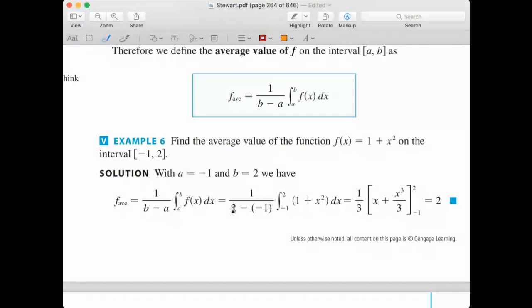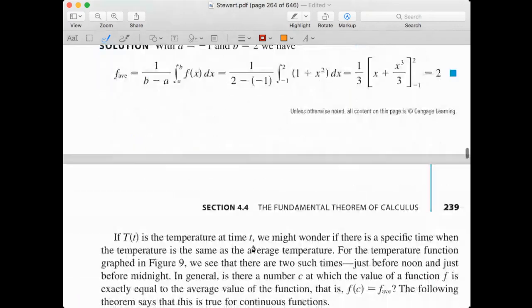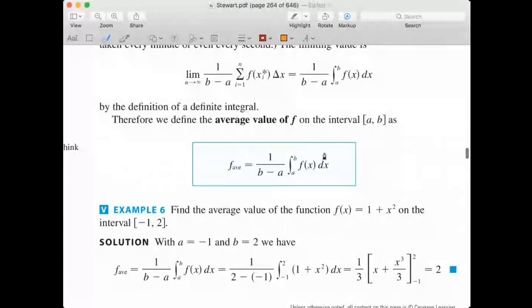So 1 over 2 minus -1, that's 1 over 3. Then the antiderivative of 1 plus x squared is x plus 1/3 of x cubed. Then evaluate at 2, subtract the evaluation at -1. In the end, you'll get 2. So the average value of the function equals 2. Just a definition, okay? Maybe sometimes it's useful.